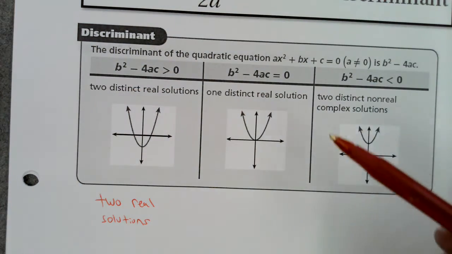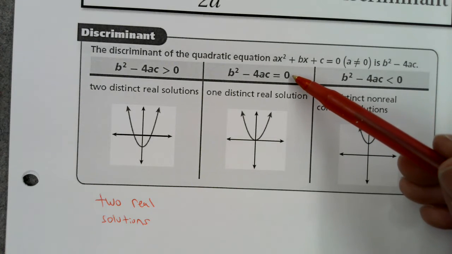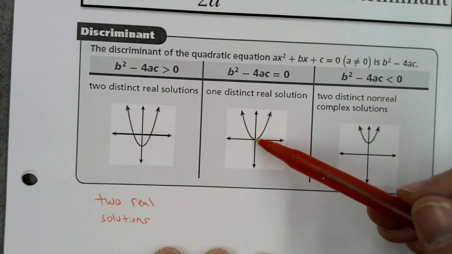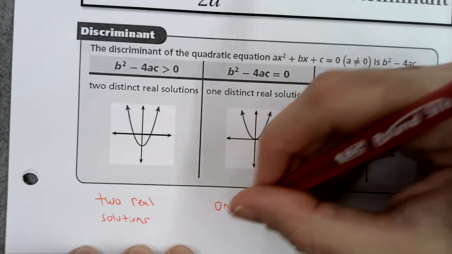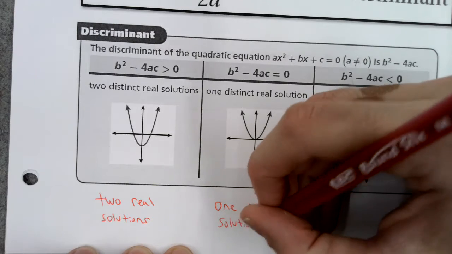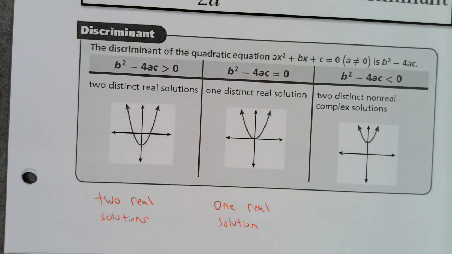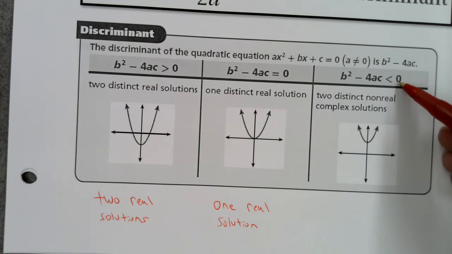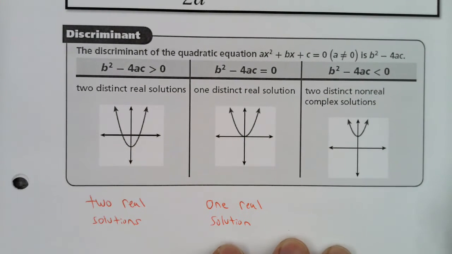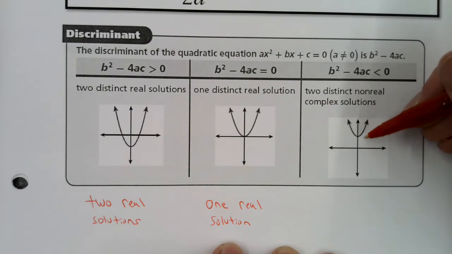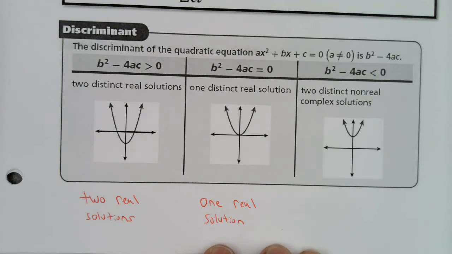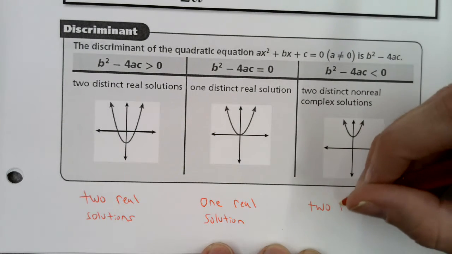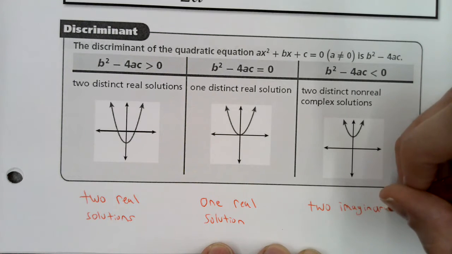If the discriminant b squared minus 4ac equals 0, we have one real solution, because the graph touches the x-axis once. The reason is that when you add or subtract the square root of 0, it's the same each way. If the discriminant is less than 0, meaning negative, the graph never crosses the x-axis, and we have two distinct non-real complex solutions. I'll refer to that going forward as two imaginary solutions.